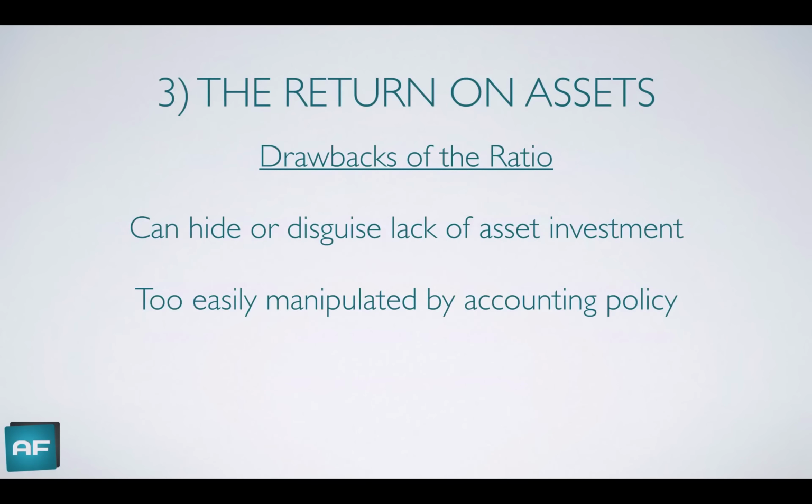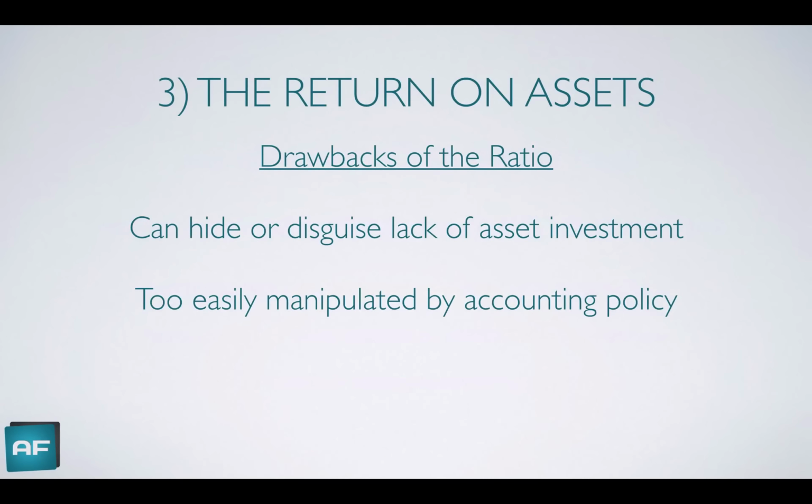The drawbacks of the ratio: it can hide or disguise a lack of asset investment. As mentioned, a fall in the level of assets can increase the return on assets because you have a smaller denominator in the ratio. But it's never a good idea to let the asset base run too low. You always want some level of assets in the business.